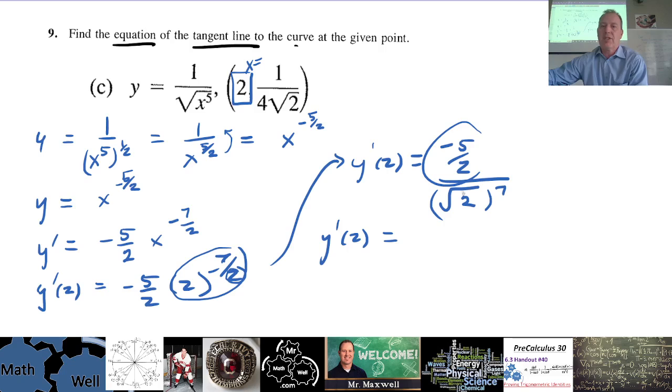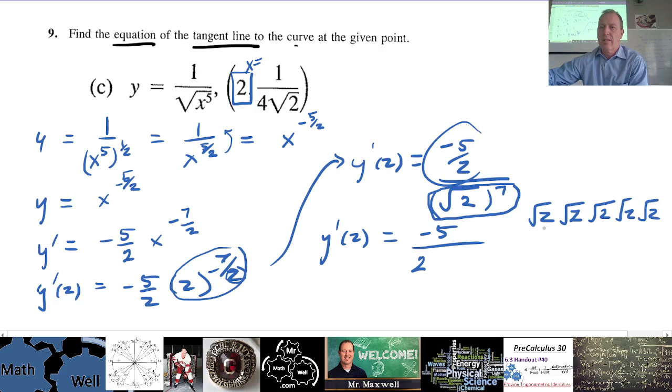So this fraction in the numerator, I don't really like that. Let's put the 2 on the bottom, and then it's going to be down the bottom with all this right here. Okay. So if you think about it, it's root 2 times itself 7 times, right? 1, 2, 3, 4, 5, 6, 7. That's what this is.